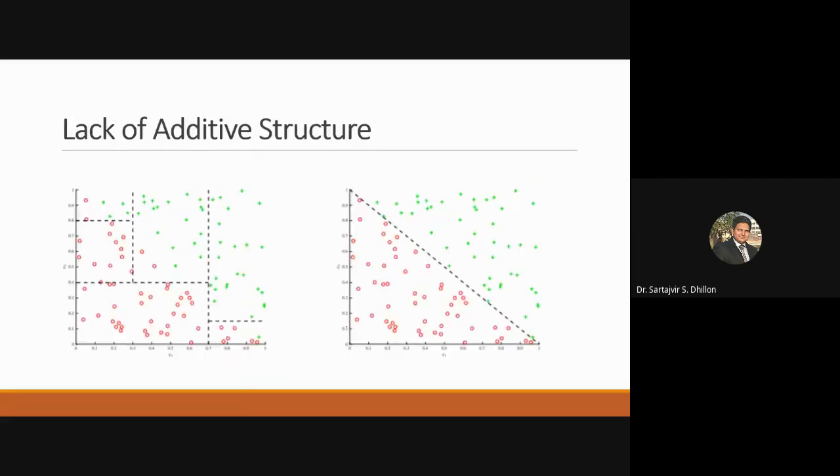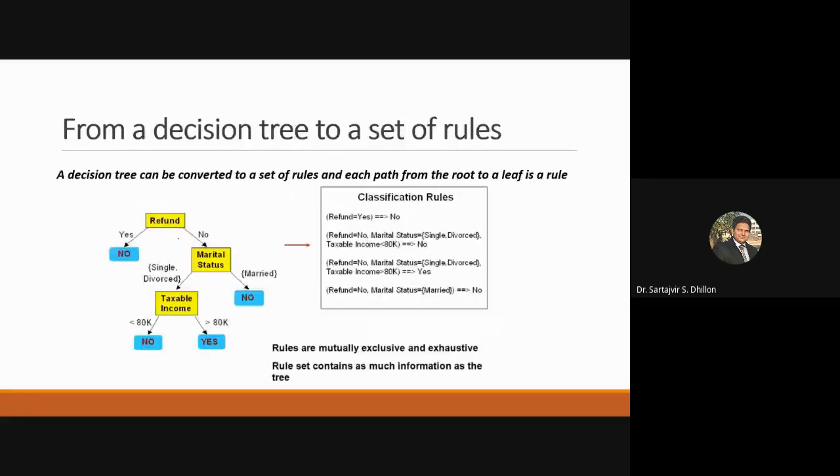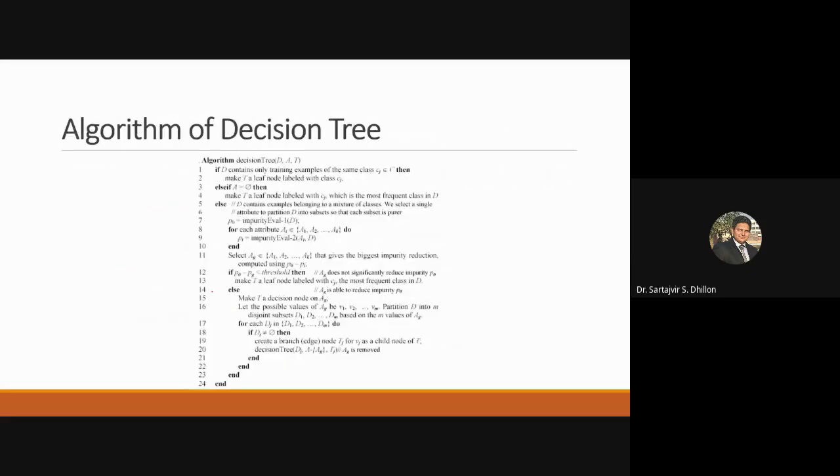So this is the basic concept of the decision tree, and here we can easily see that there is a problem of overfitting in the decision tree, which we are going to remove with the help of the random forest. This example we did in the previous lecture.